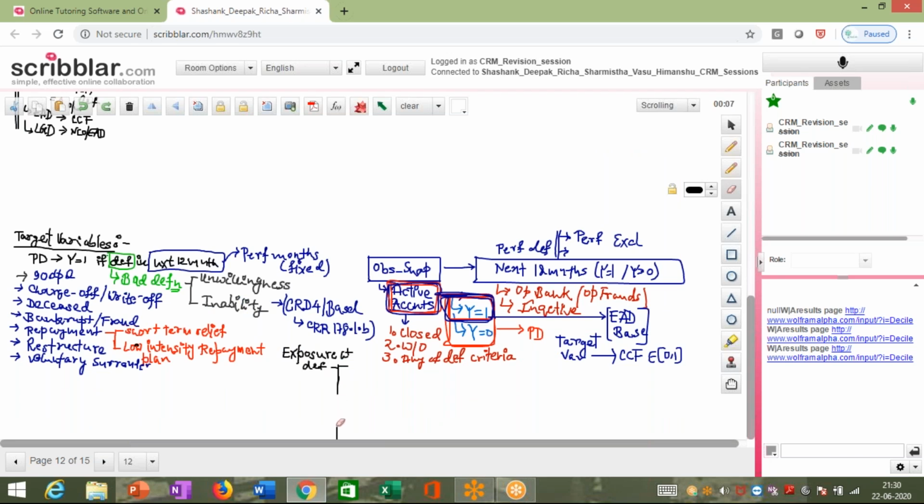One is the on balance sheet item, and the other is the off balance sheet item.